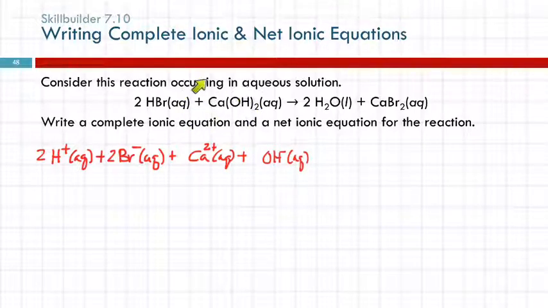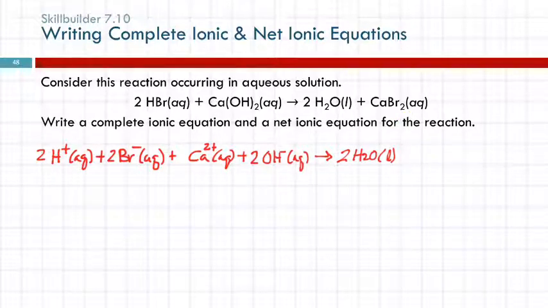So paying attention to how many of these, I have 1 calcium and 2 hydroxides. So I want to put a coefficient here. Those are the reactants. And come over here. This is a liquid. Don't separate it into ions, just copy it down, H2O liquid.